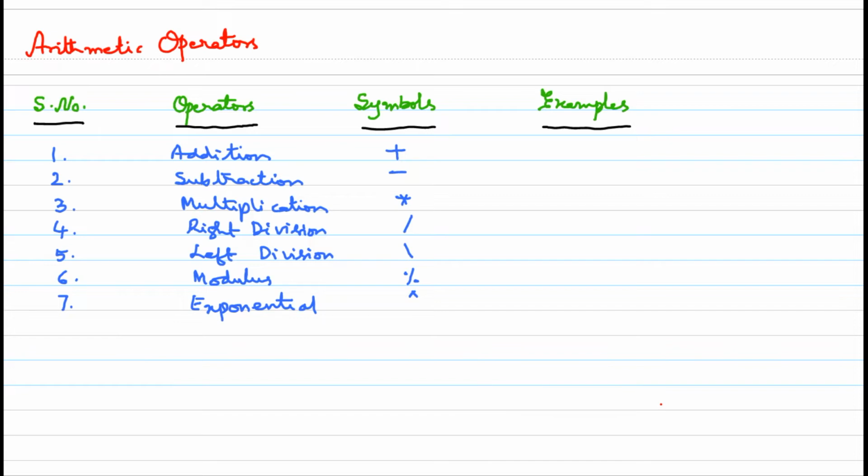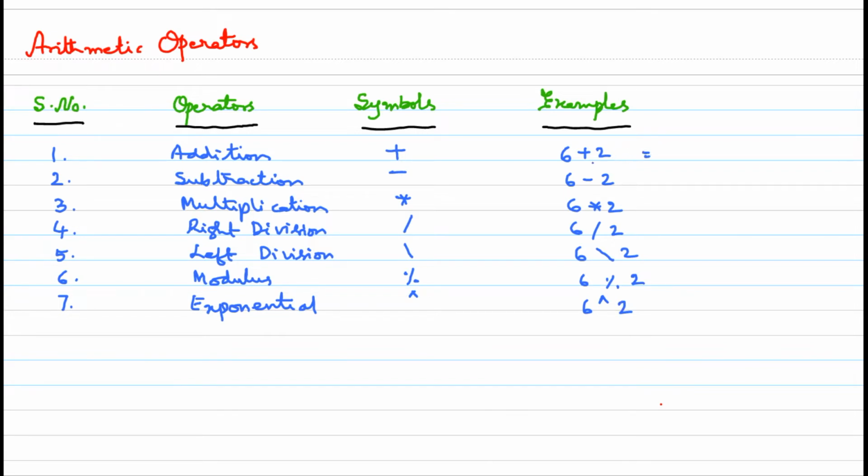All the remaining things are exactly the same as in mathematics. But if we take some examples, we have to represent them in this way: 6 plus 2, 6 minus 2, 6 into 2, 6 divided by 2, 6 left division by 2, 6 modulus of 2, and 6 exponential of 2. So what are the answers?